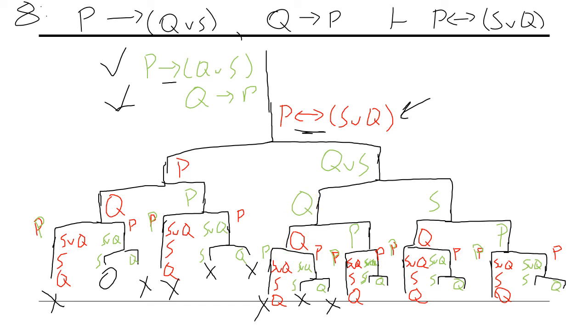Then I've got Q, S, P, P, Q. Got a Q on the right, Q on the left. Next one I've got P on the right, P on the left. So I got those two Q's there and there, so I know those two will cancel out.